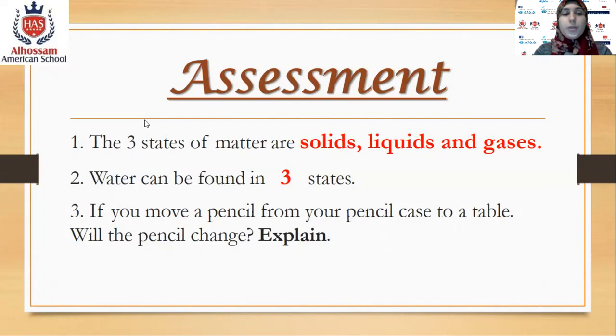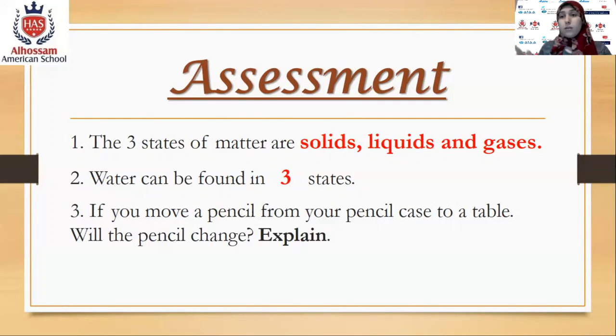And what are the properties of the solid? Do they have definite volume? Yes. Definite shape? Yes. Perfect. So, because the solid has definite volume and definite shape, and the particles, how are the particles arranged?